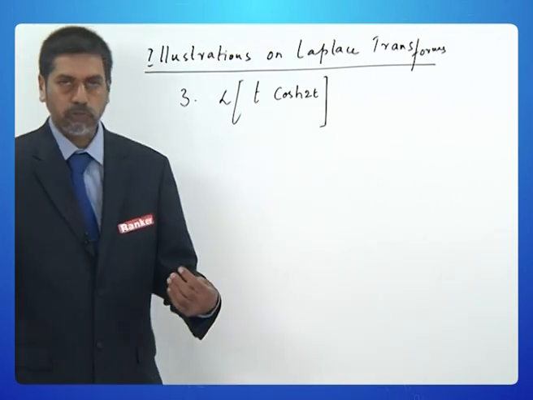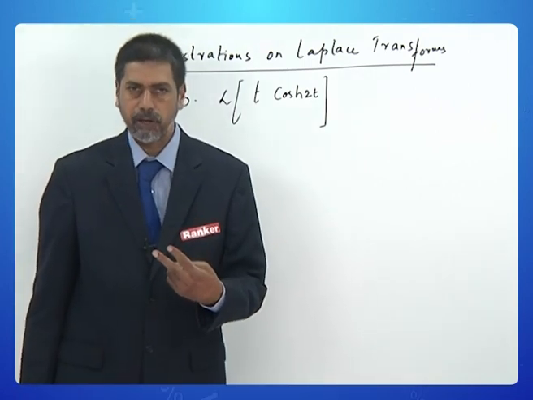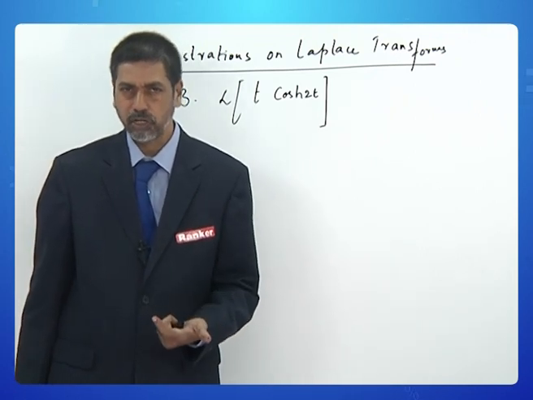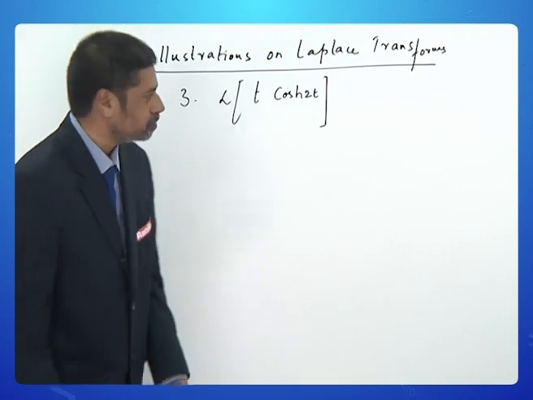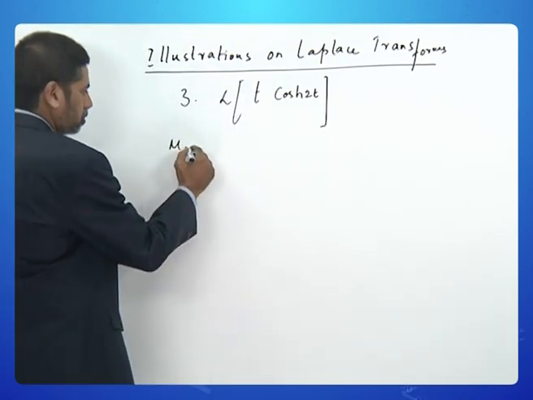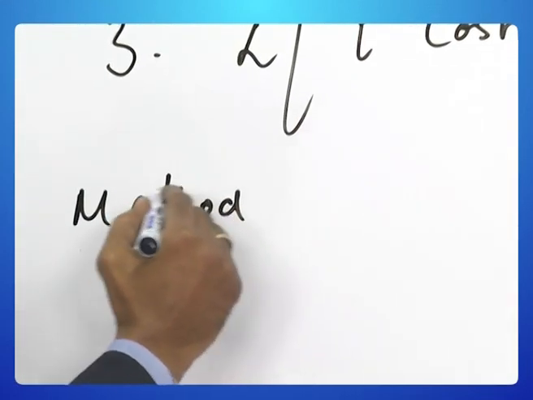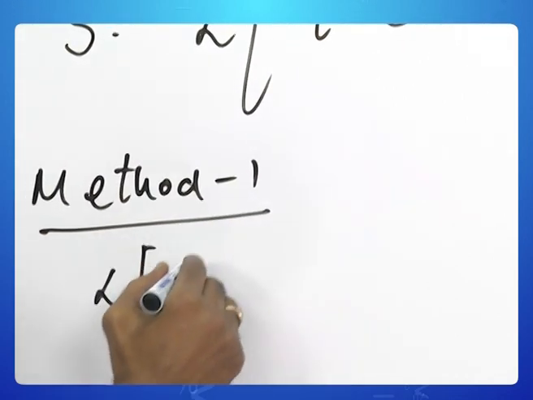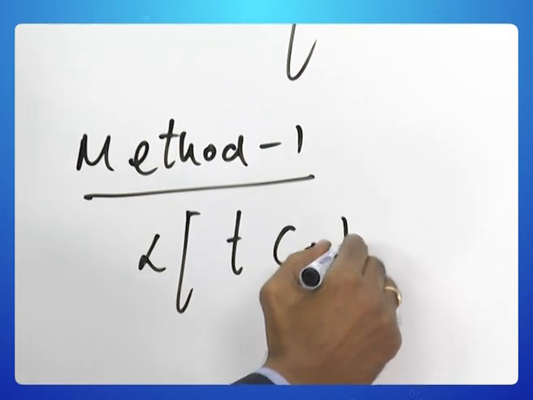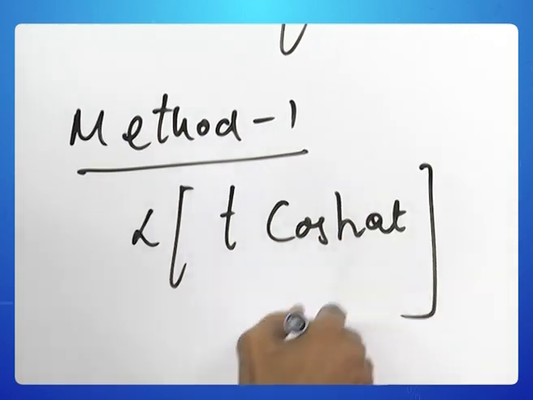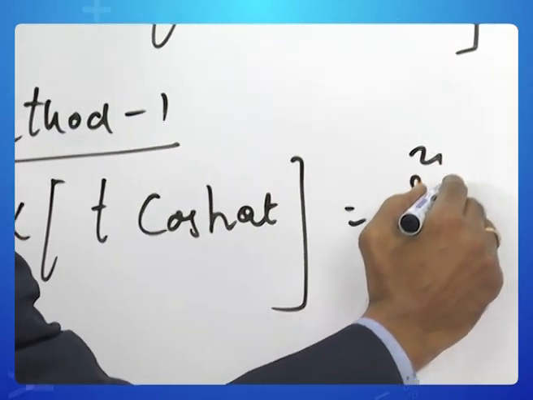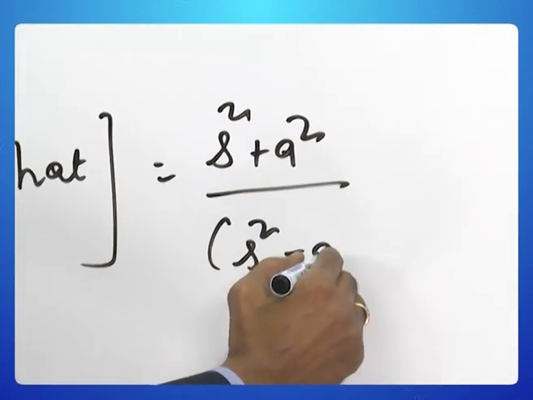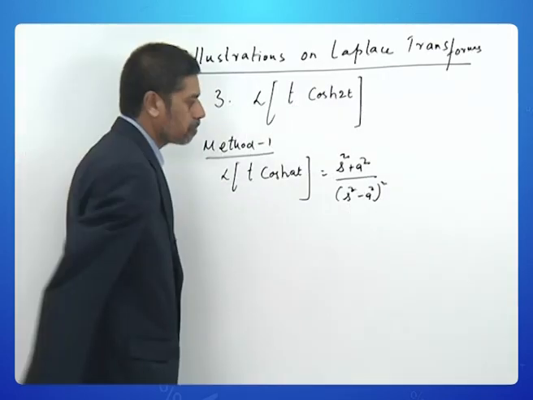Now this problem can be solved in two different ways. One, if your memory is sharp, you can directly use a formula which I'll first mention. Laplace transform of t cosh at is s square plus a square by s square minus a square whole square.